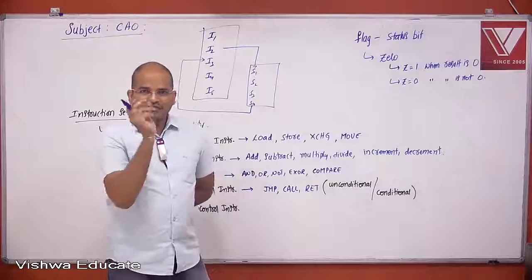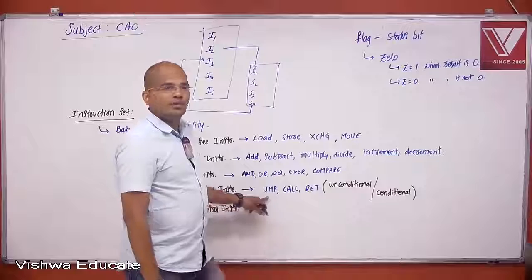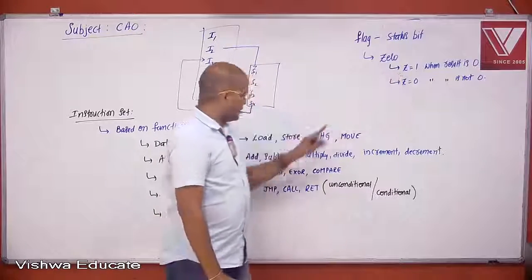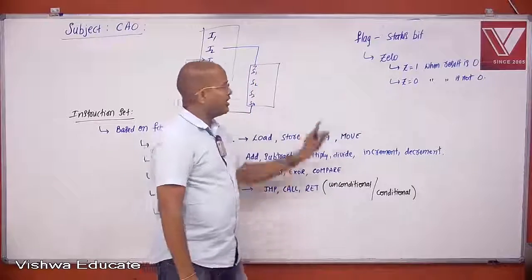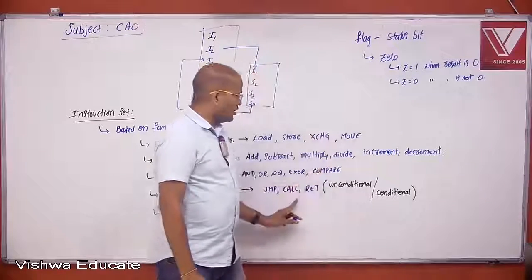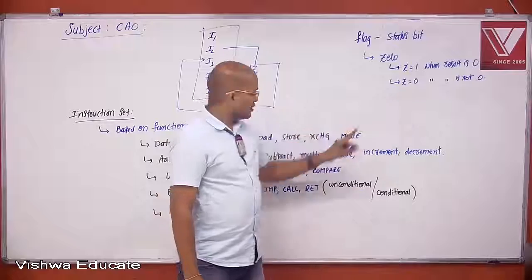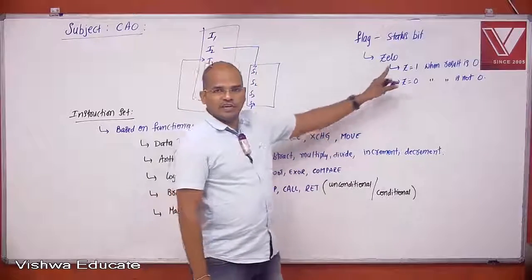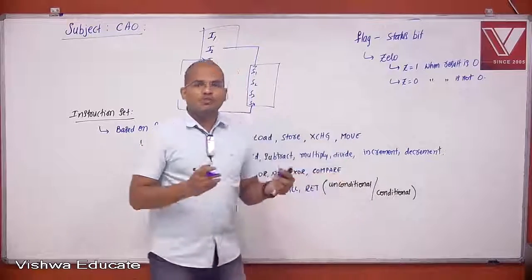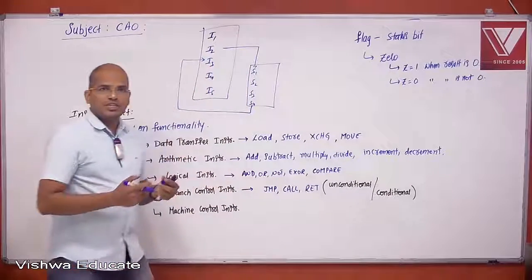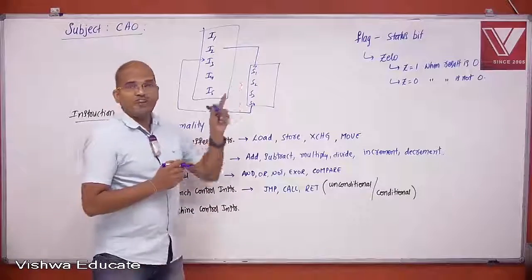So I frame a logic: jump if Z is 1, jump if Z is 0, call if Z is 1, call if Z is 0, return if Z is 1, return if Z is 0. So you perform conditional jumps based on your flag bits.